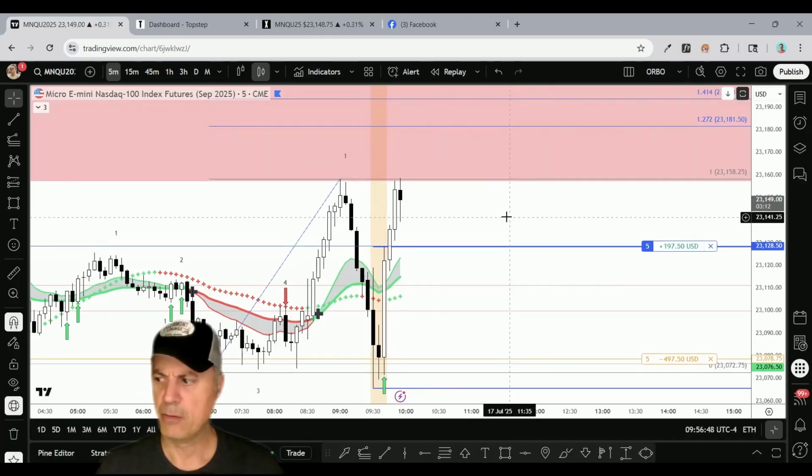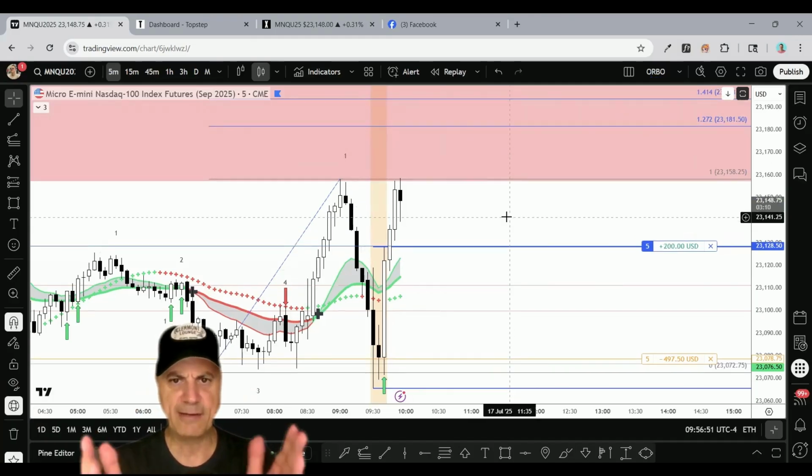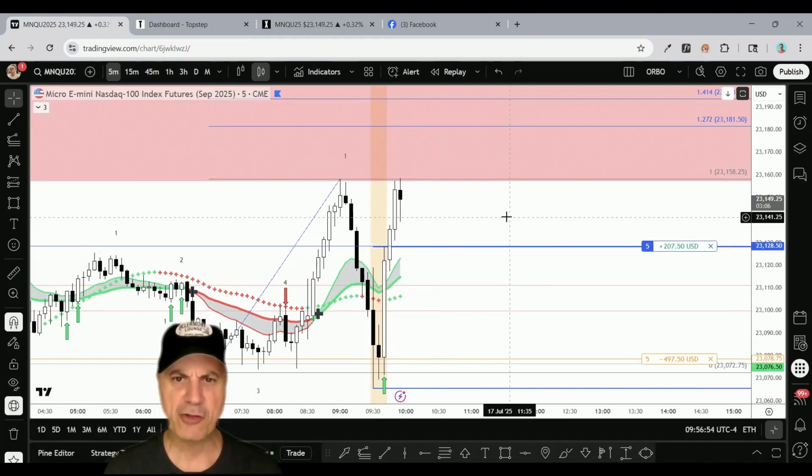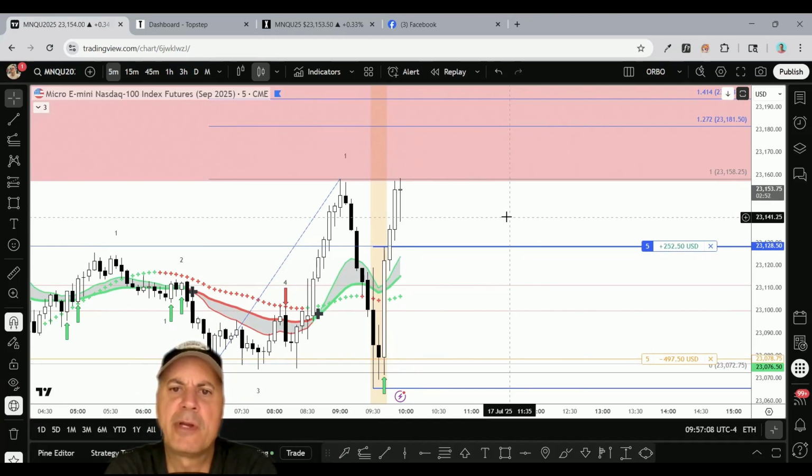Now, if I just waited for the strategy, right? It's all about waiting for that setup. Very nice. Let's get past that previous high. This is a strategy, and we need to stick to the strategy.